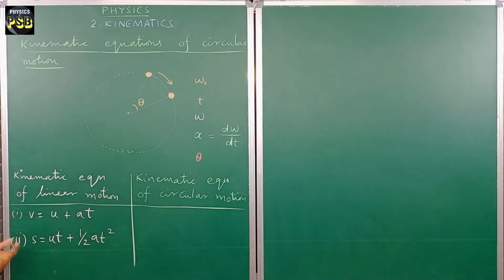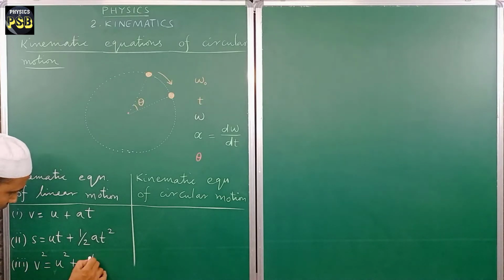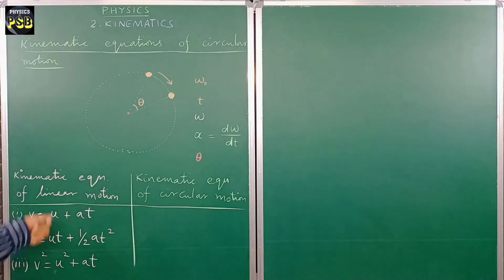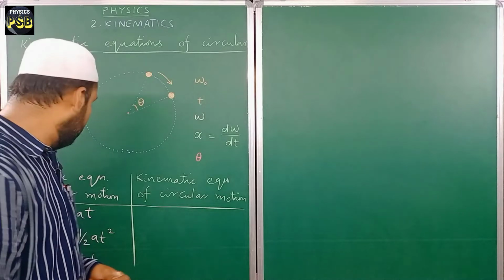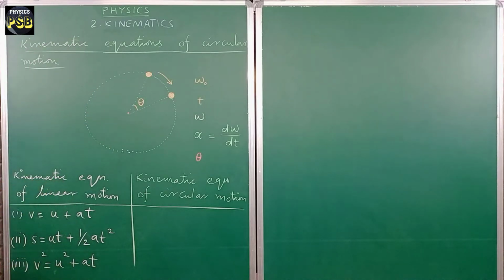This relates the displacement and time. The third one is v square equals u square plus 2as. Fine. So these three represent the kinematic equations of linear motion.